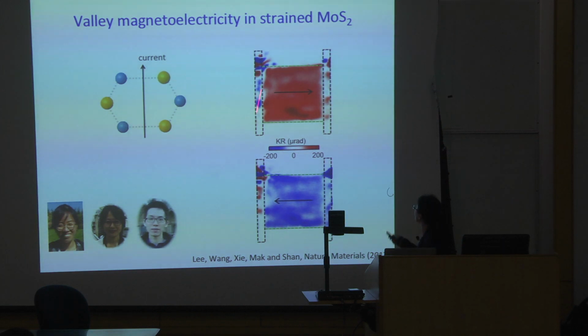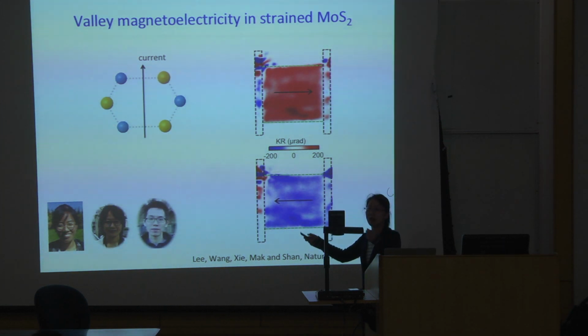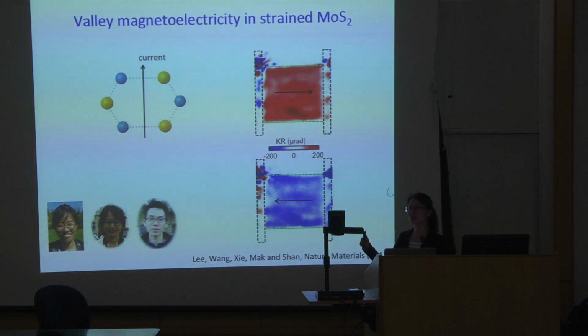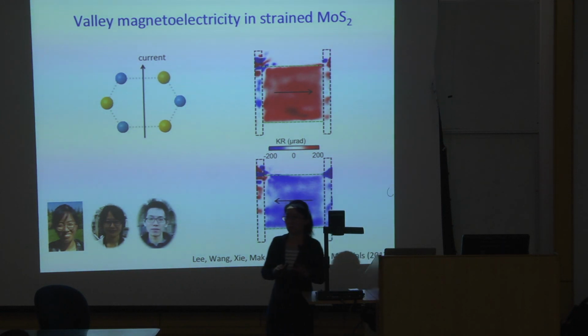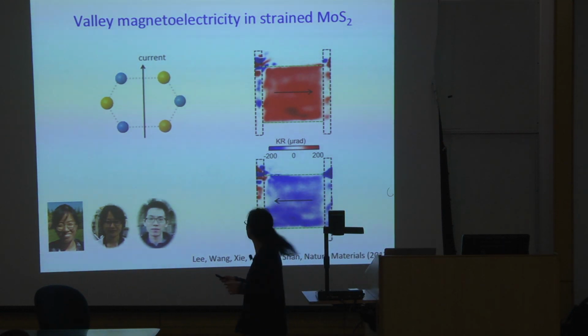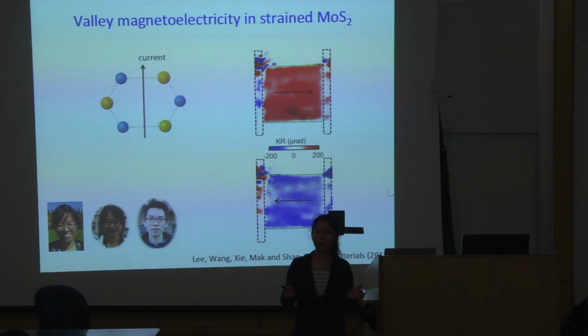And this is an interesting result you can see. We strain the sample and do the same experiment. You run current one way or flip the current. Now, this is the electrodes. Maybe you have something at the edges, but what's more visible now is that the whole sample lights up on the optical Kerr rotation microscope.